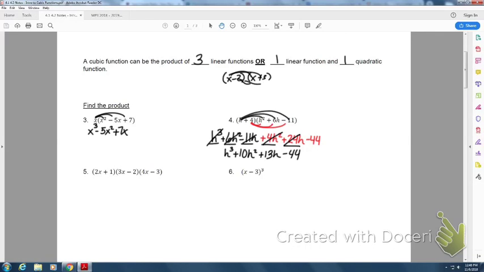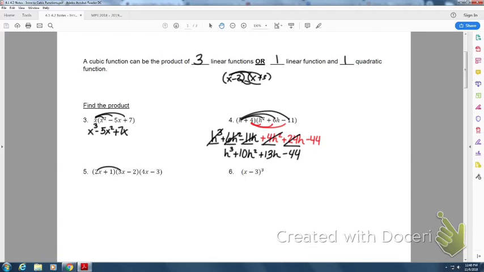Going to number 5. So this is 3 linears. Okay, I know they're all linear because they don't have squared on them. So whenever you're multiplying 3 linears, you're most likely going to have to do FOIL for the first two.